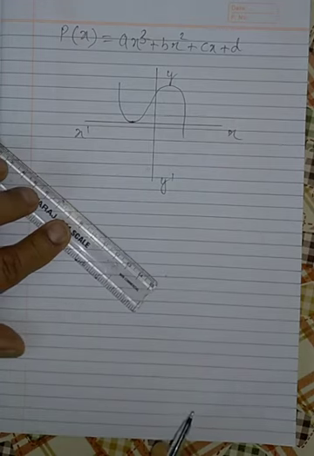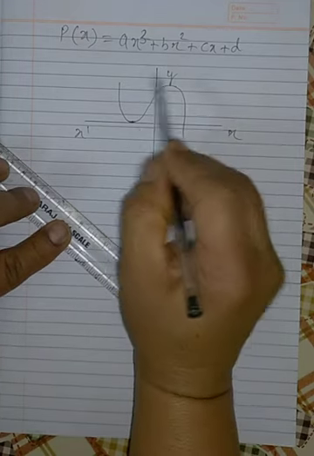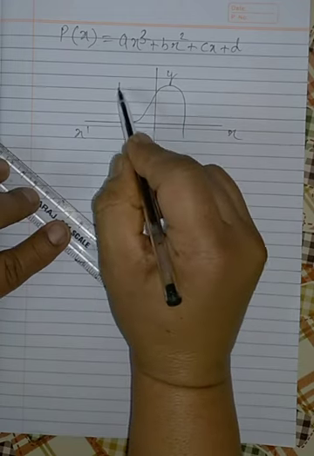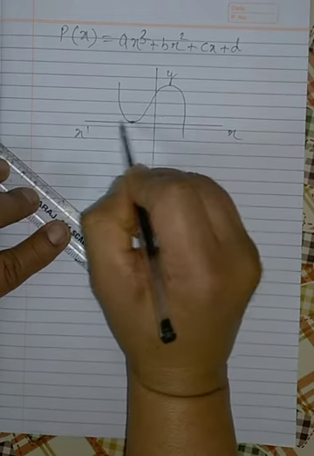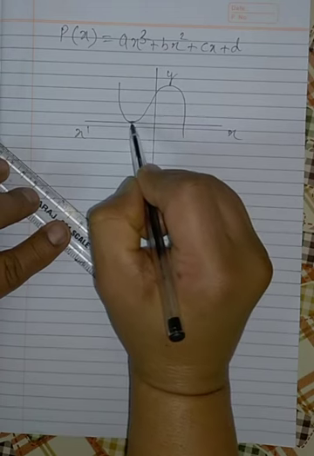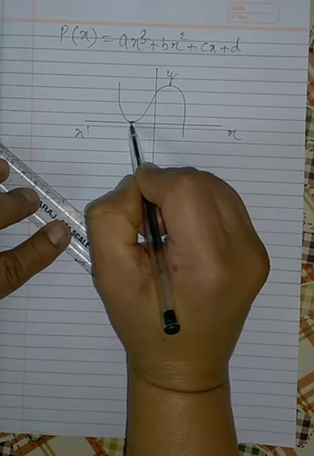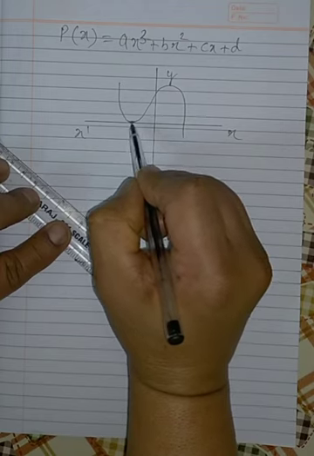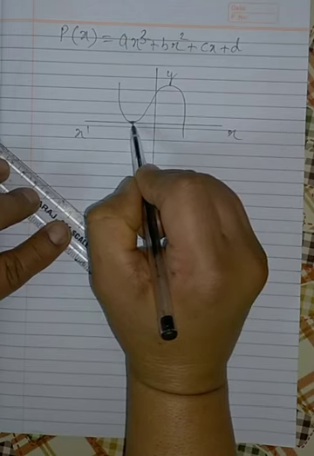So you can see here, as we have seen in the previous zeros, whenever we have a curve that is touching the x-axis at only one point, that point is where two equal zeros are coinciding.